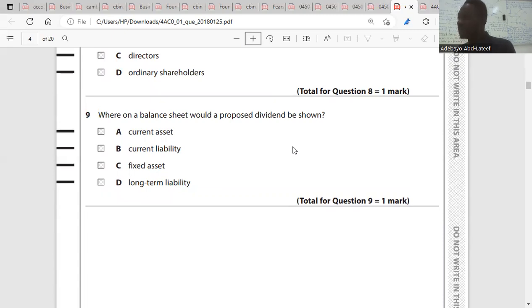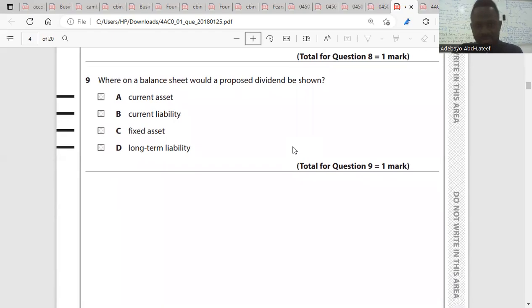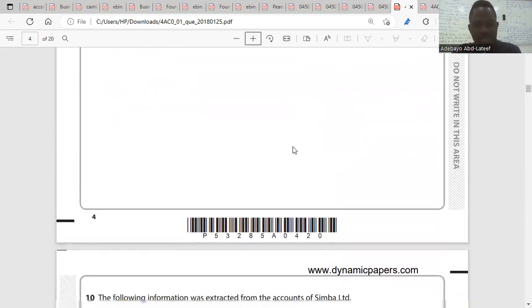Do you get it? So they decided to share these dividends, that profit made, amongst shareholders. So that is a liability to the company, and it's called current liability. It's a current liability, so it's B. Is it clear? So, question 10.